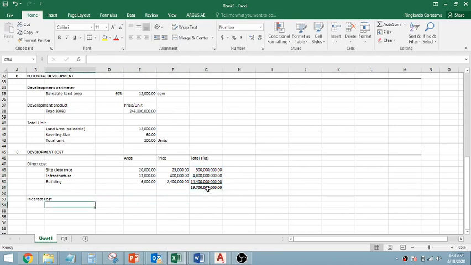For indirect costs, we can put the professional fee, for example architect, the permit cost, and we can also put the contractor profit.